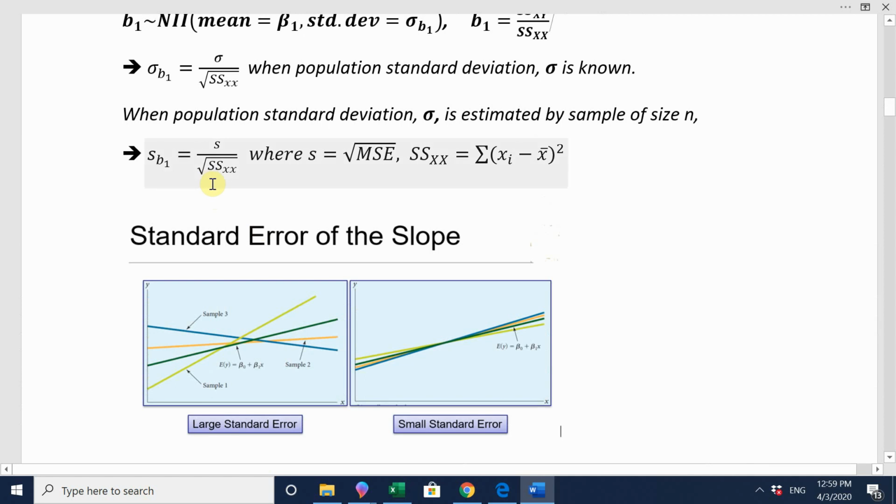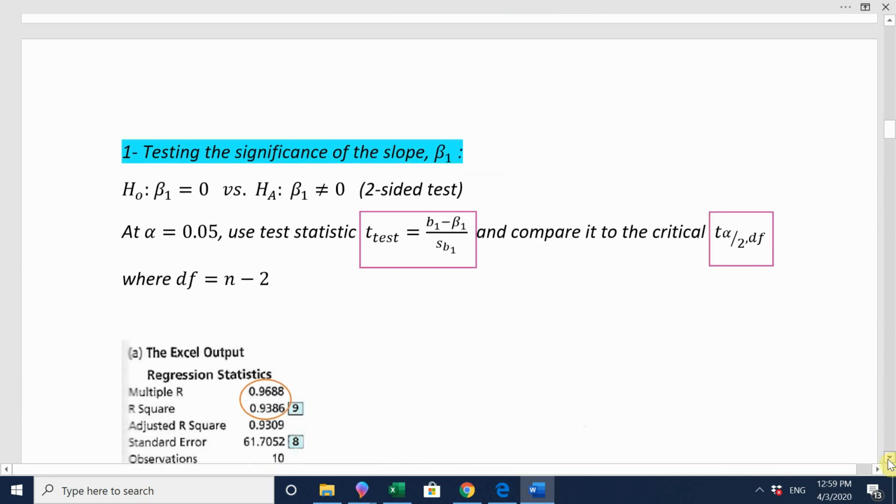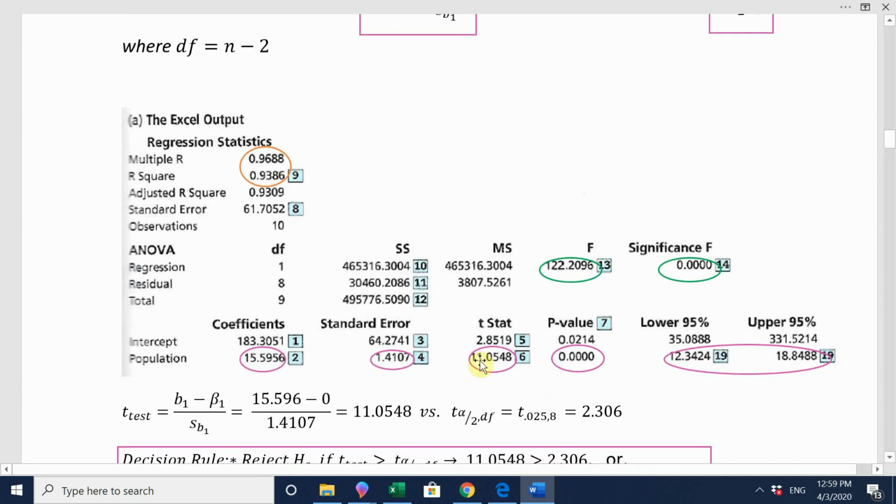The standard error of the slope, S of B1, is equal to my standard error of residuals divided by the square root of the sum of squares of the x's. So in fact, the statistical package takes care of it for you. You don't actually need to compute anything here. It will do all the computations, and it will give you here the actual value of the standard error.